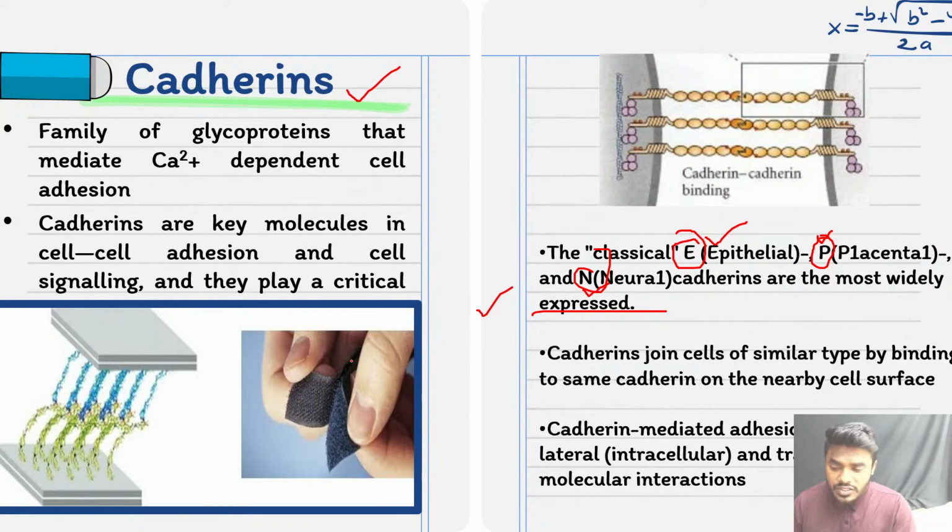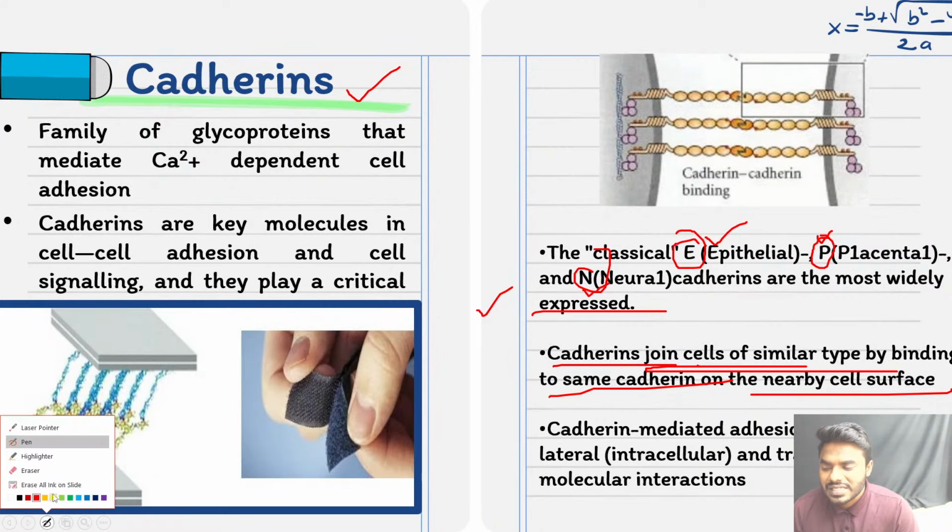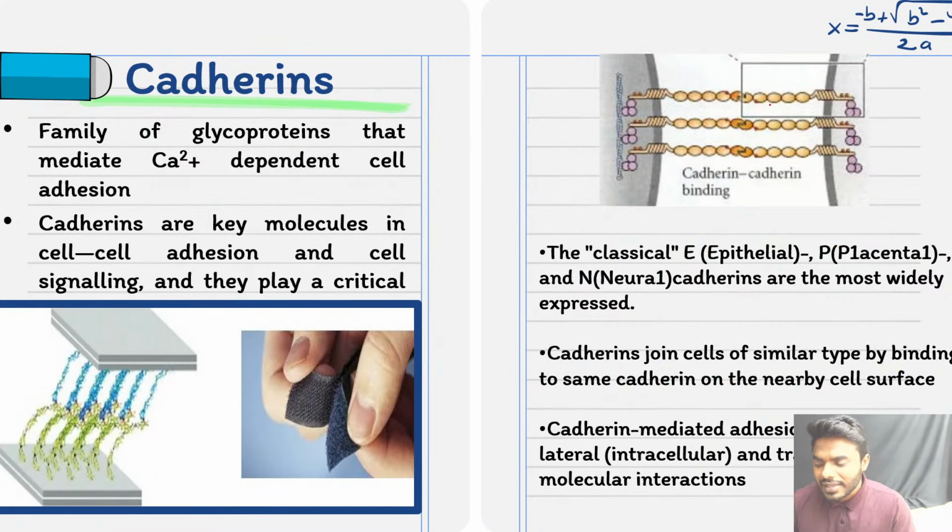And friends, look into this specialized statement. Everyone pay attention. Cadherins join the cells of similar type by binding to the same cadherin on the nearby cell surface. What do you mean by that? Everyone listen very carefully. This is one cadherin, this is one cadherin, and this is one cell, this is the second cell.